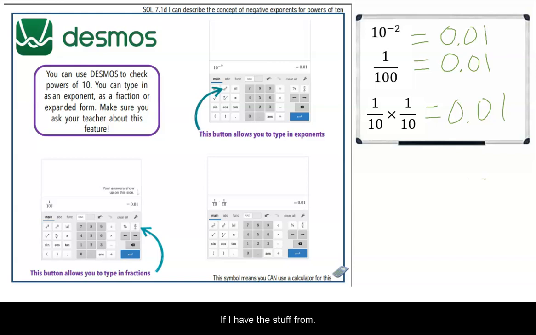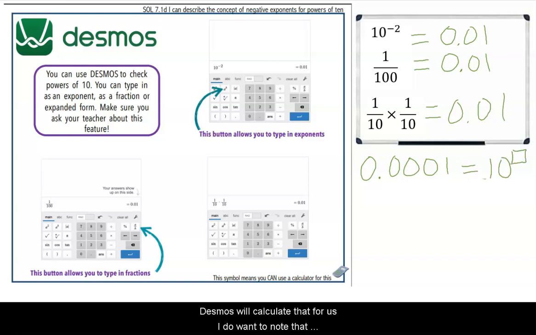If I have this decimal, 0.0001, and I want to know the power of 10, Desmos will calculate that for us. I do want to note that when you have really small numbers like 1/100th, Desmos will not necessarily give you the exponent, but for some of these tougher ones, you can try using your Desmos calculator. I'm going to show you how to do that.